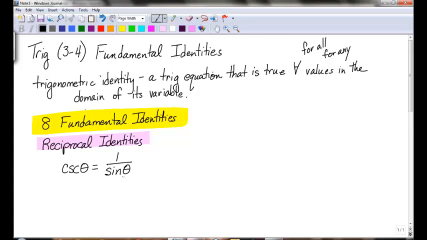Now, let's talk about that just for a minute. I'm going to give you one formula there, but there's actually 3 formulas written down. Cosecant is 1 over sine. What's another way to write that formula? Sine is equal to 1 over cosecant. What's another way to write that same formula?